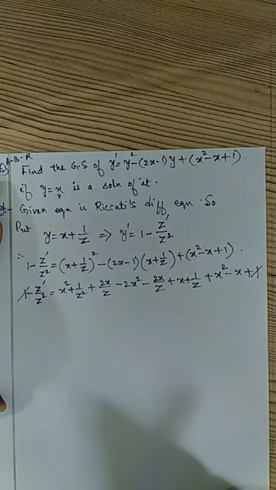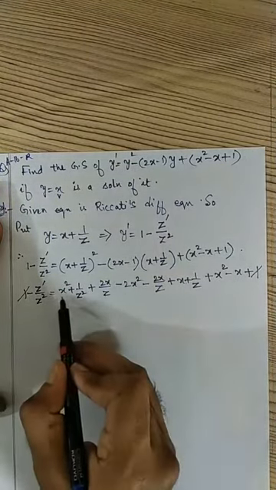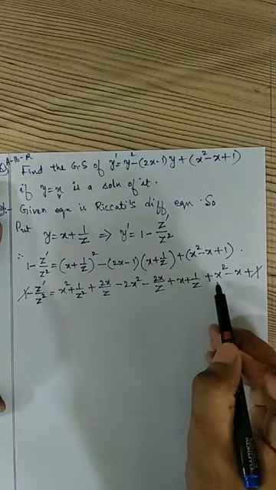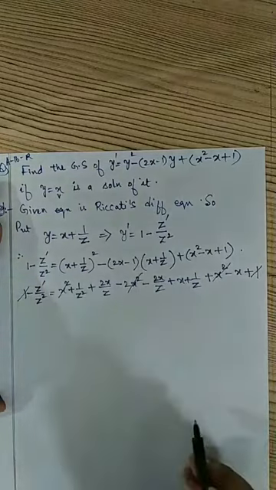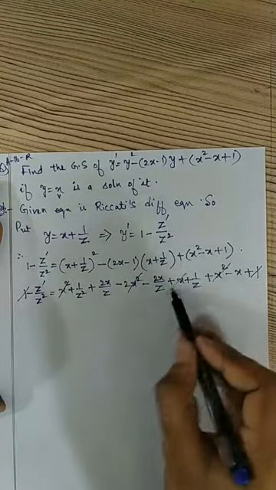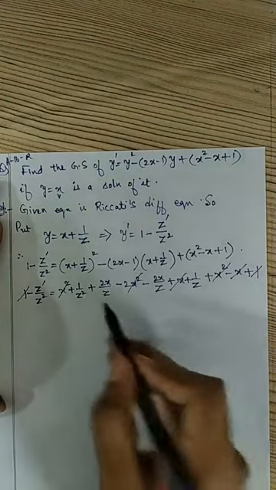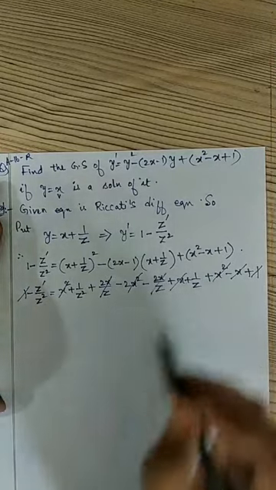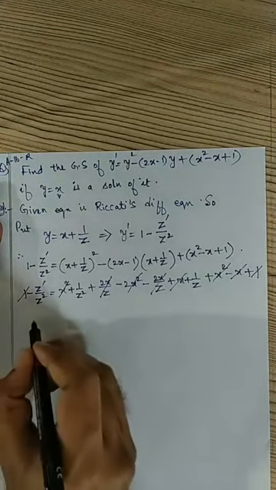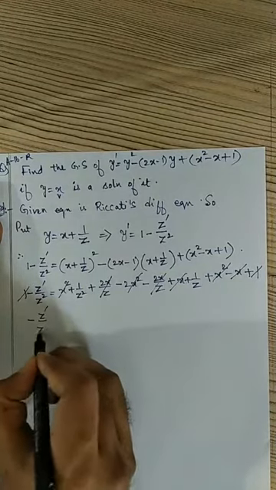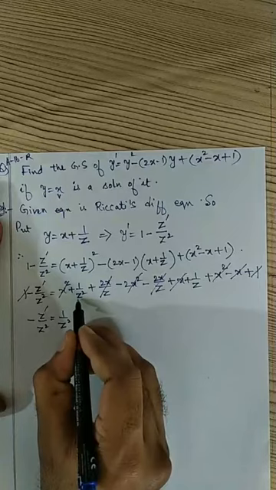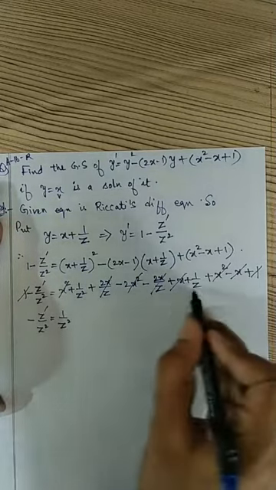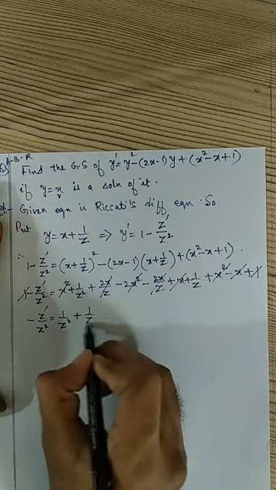Now first this 1 and this 1 will get cancelled. Here x square and x square make 2x square, and here minus 2x square, so these will get cancelled. Here plus x and minus x will get cancelled. Here plus 2x by z and minus 2x by z will get cancelled. So what is remaining is minus z dash by z square equals 1 by z square plus 1 by z.